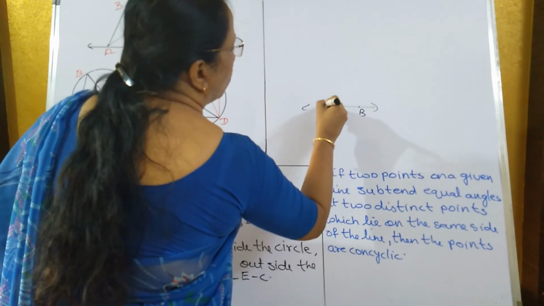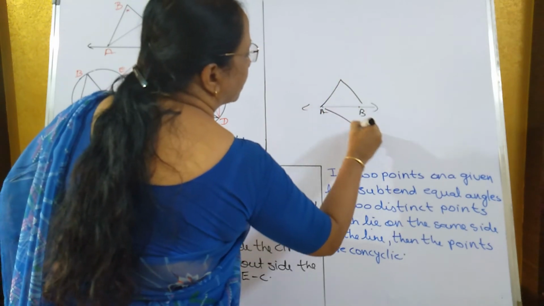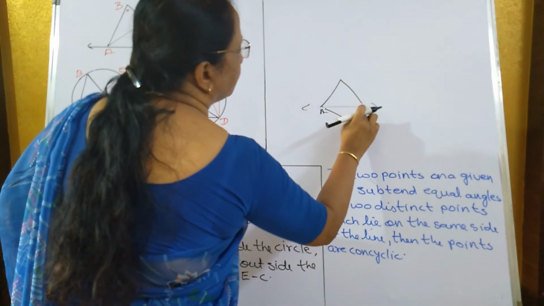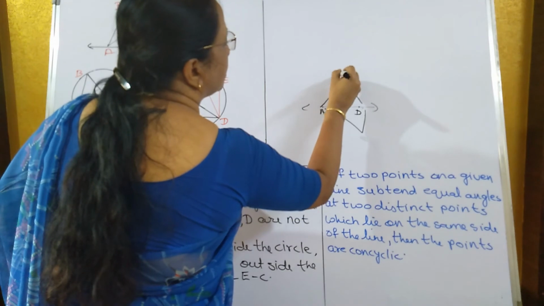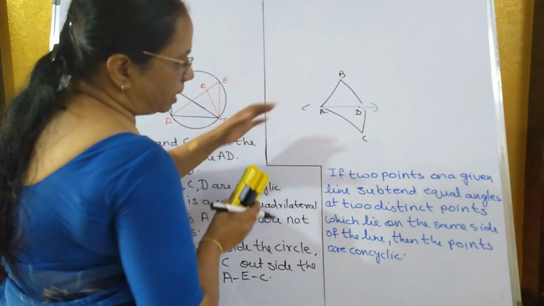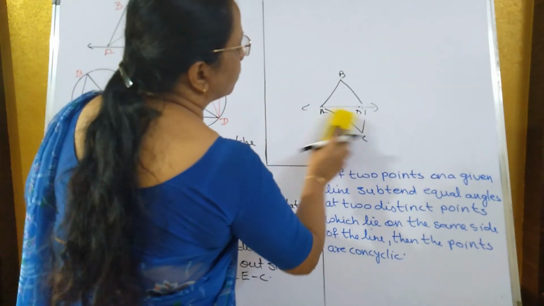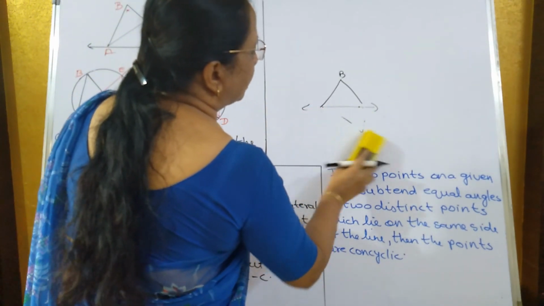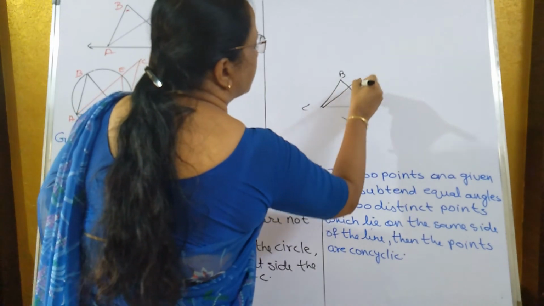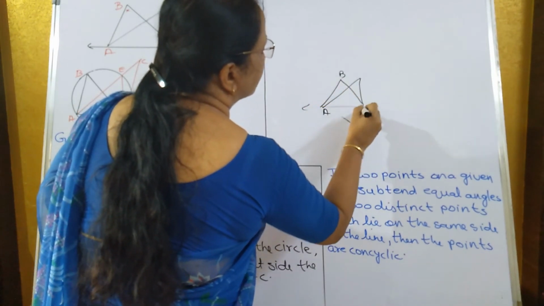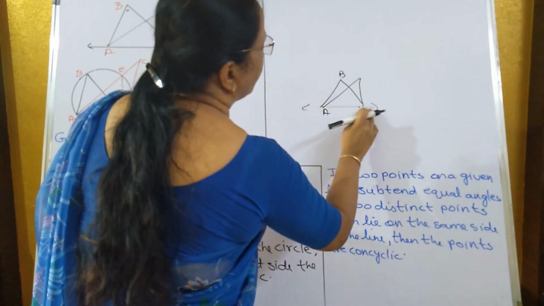It is not that the angles are on either side of the line. No, both the angles are on the same side of the line. So they are on the same side of the line.